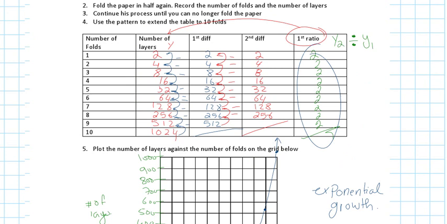Right? So if you're tripling, what would be your base? 3. 4, and so on. It depends on what you're doing to your numbers, right? So that ratio is always going to match the base.